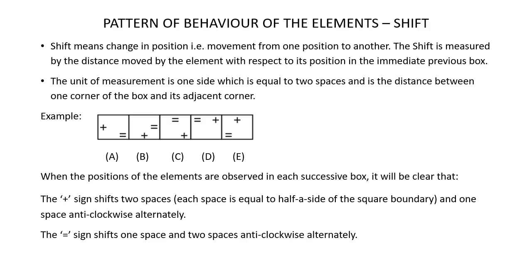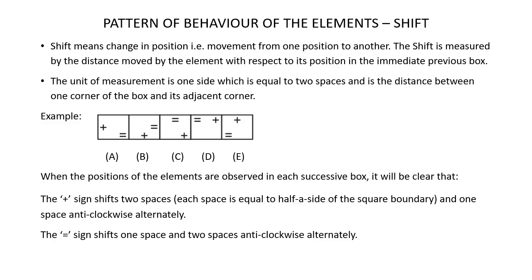Now the equal sign shifts one space in the anti-clockwise direction and then two spaces in the anti-clockwise direction. So the equal sign shifts one space and then two spaces anti-clockwise alternately.